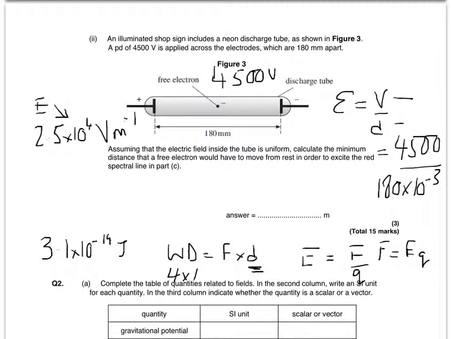So the distance is 1 divided by the other: 3.1 times 10 to the minus 19 divided by 4 times 10 to the minus 15, which is 7.8 times 10 to the minus 5 meters.